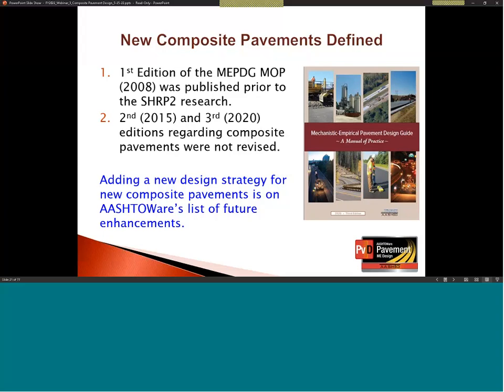And once the new design strategy of new composite pavements has been authorized by the task force, then to add new composite pavements, obviously the MEPDG manual of practice will be revised to reflect the specific new pavement design strategies. So go forward.